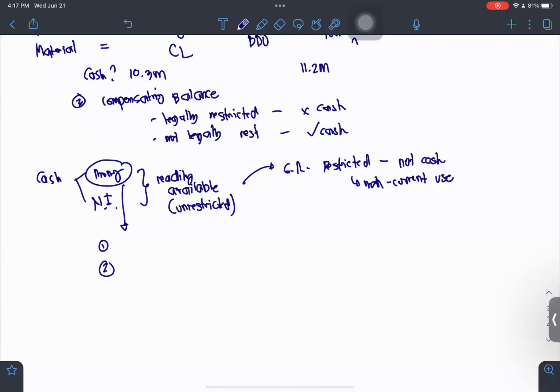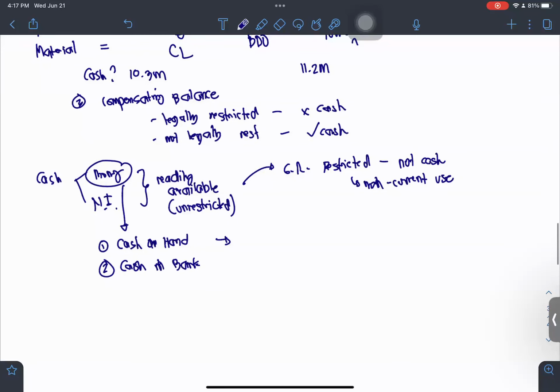And we said your money is composed of two items. That is your cash on hand, and then we have here your cash in bank. For cash on hand, you don't have any problem. Why? Because these are your foreign currencies or your local currencies.